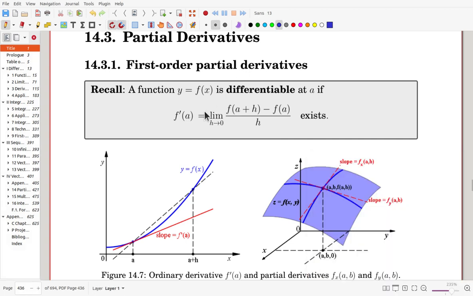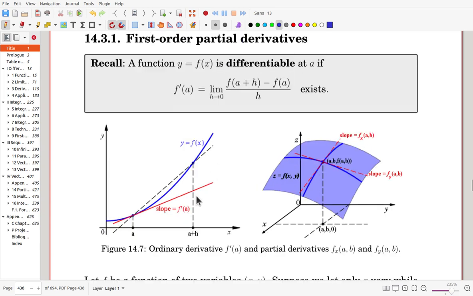For a function of one variable, y equals f of x, we say it is differentiable at a point a if this quotient has a limit, and the limit is called the derivative of f at a. See this figure?